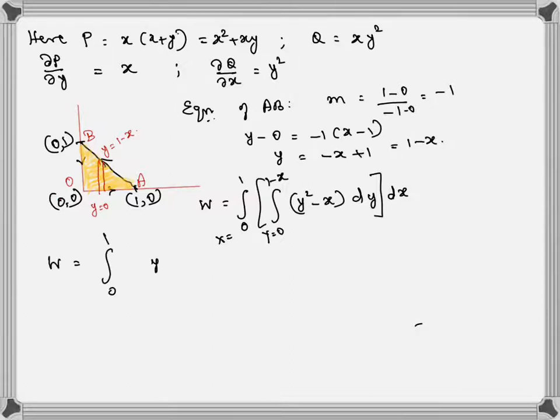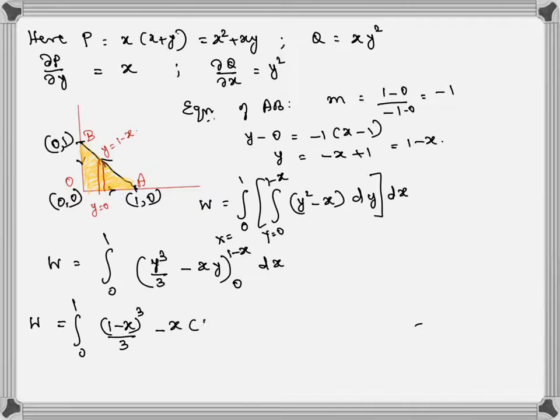So W is the integral from 0 to 1 of y³/3 − xy between the limits 0 and 1 − x, dx. So W is the integral from 0 to 1 of (1 − x)³/3 − x(1 − x).